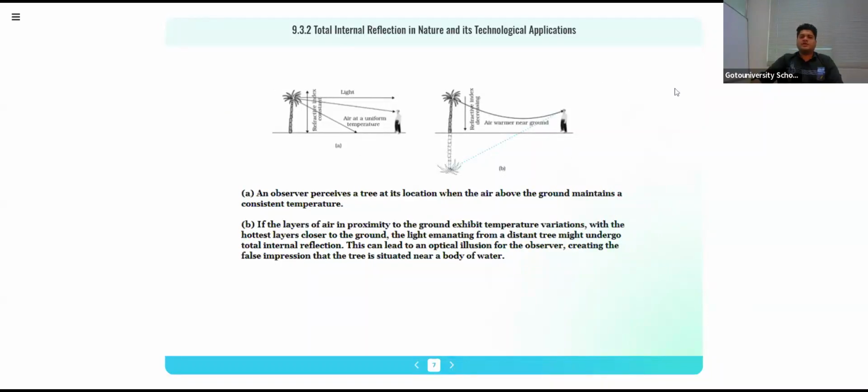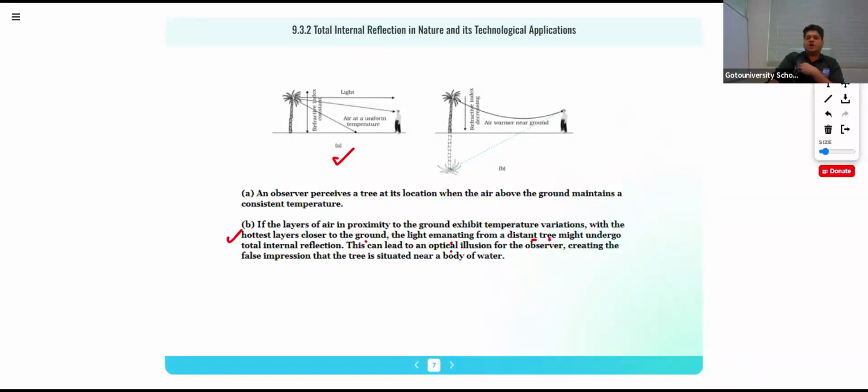This is how you can find a mirage. An observer perceives a tree at its location when the air above ground maintains consistent temperature. See, if the layers of air in proximity to the ground exhibit temperature variation with the hottest layer closer to the ground, the light emanating from a distant tree might undergo total internal reflection.